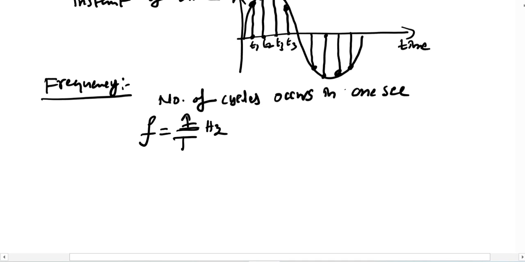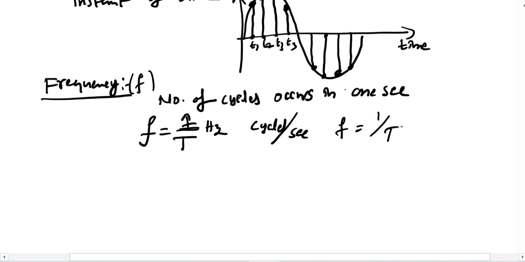Its unit is hertz, or cycles per second. So the number of cycles per second is called the frequency f, which is directly proportional to 1 by t.